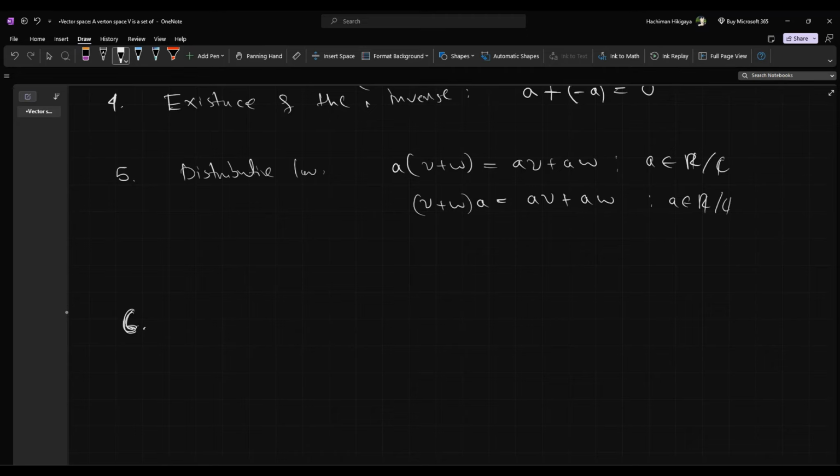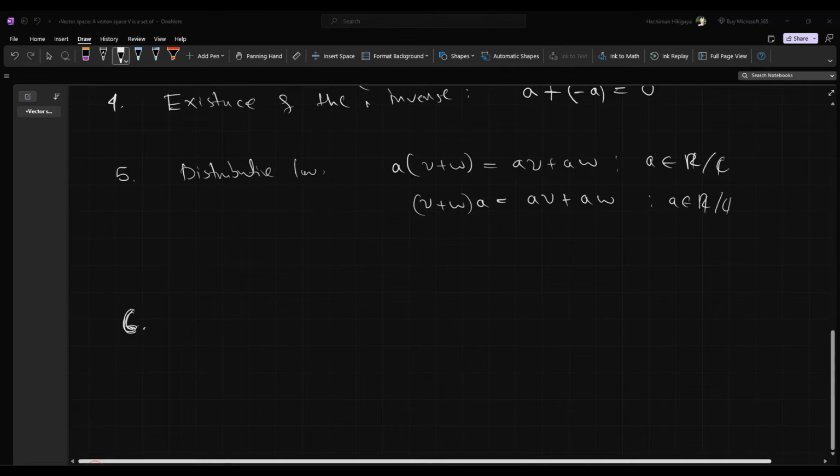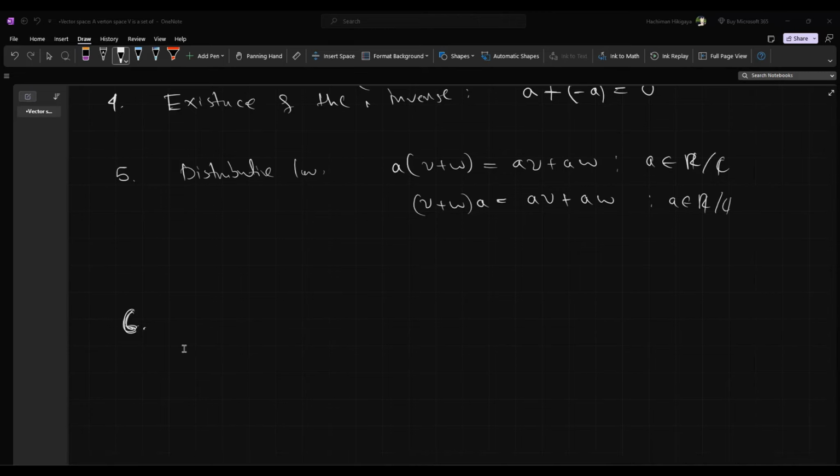We have another element, then we have our multiplicative identity, which is 1, because if we dot it with an element of V, let's say v, then it gives the same thing.